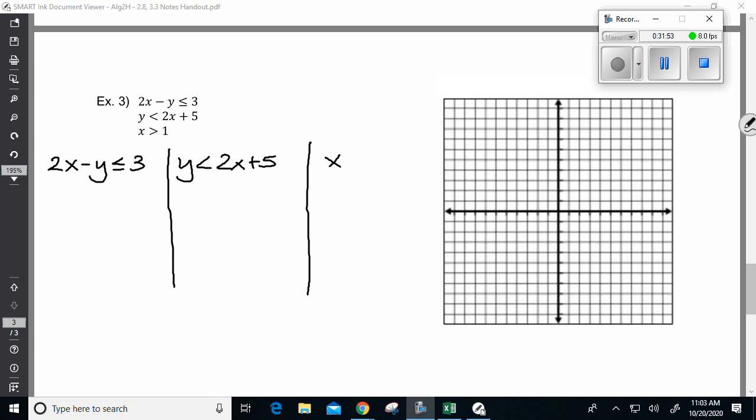X greater than 1. So again, it's do them one at a time. Do not try to rush through the problem.